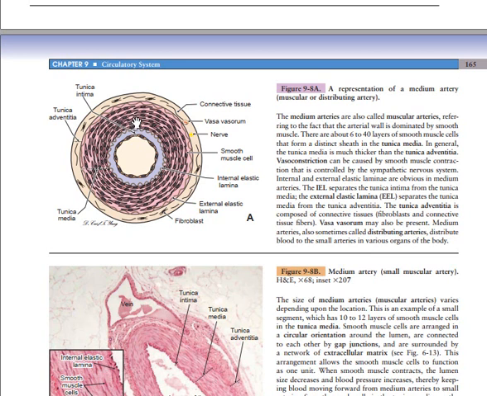Is it clear? In this case, we also have elastic lamellae, but not as many. We only have 2 layers of elastic lamellae as compared to the large arteries: the internal elastic lamina and the external elastic lamina. Those are the 2 main places where we have the elastic lamellae.